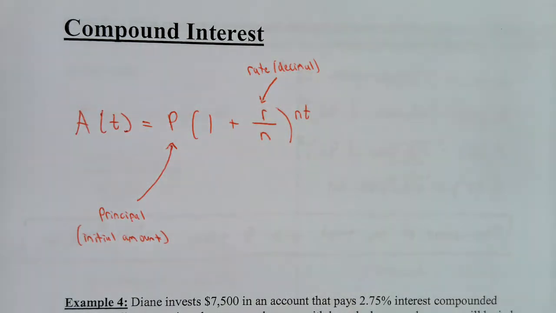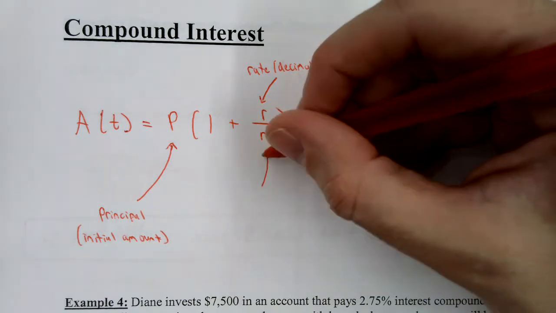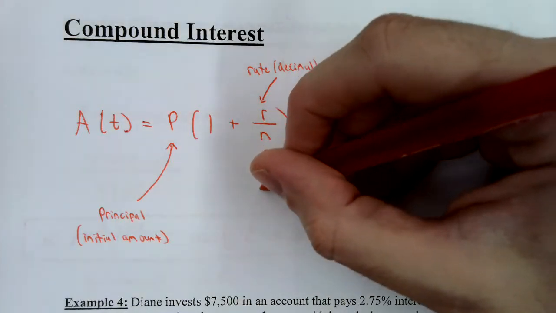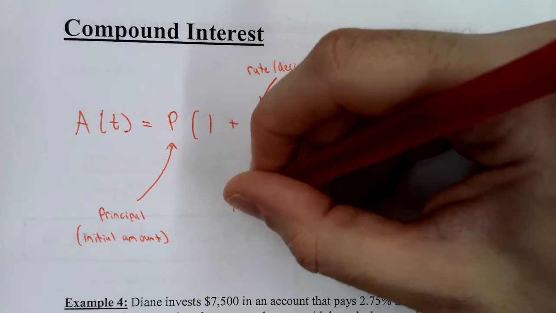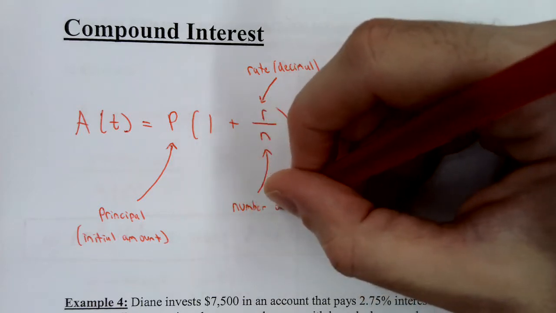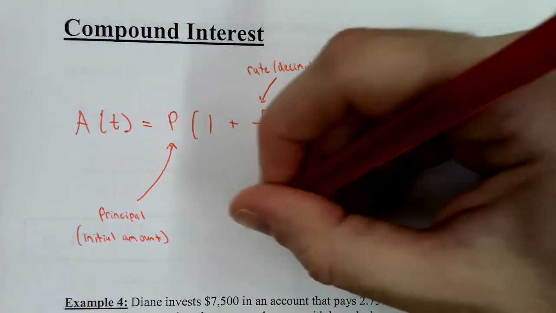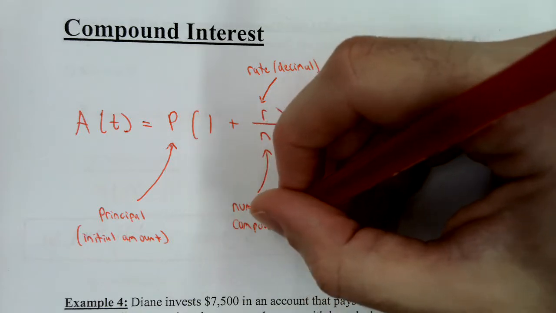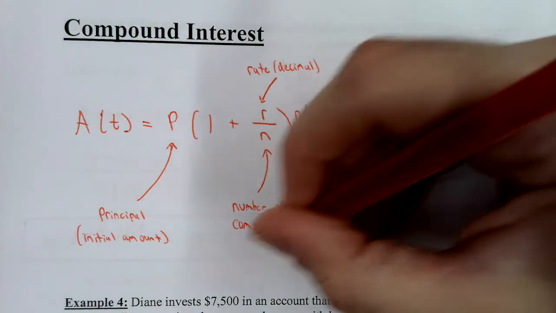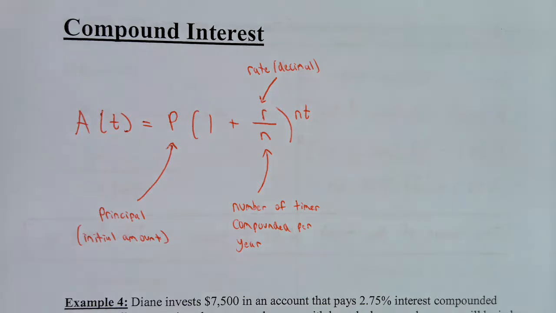N is the number of times it's compounded per year. So what that means is if it's compounded once per year, n equals 1. If it's compounded annually, that means n equals 1. If it's compounded semi-annually, that means twice per year, so n is 2.